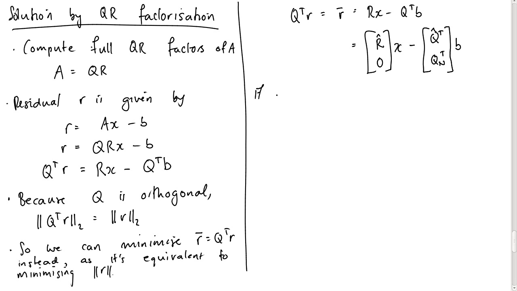And then if we split r bar into the two corresponding pieces, we'll call it r hat and rn, then we can write this in two sets of equations.